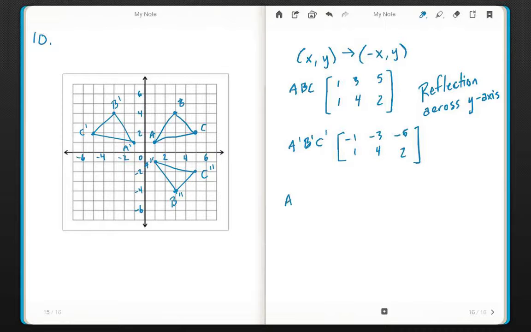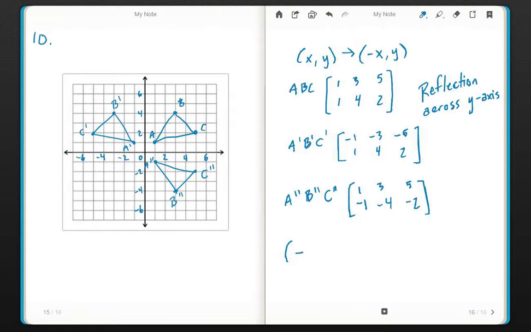If I was to make a matrix to contain the coordinates for the second one, it would look something like this: 1, negative 1, 3, negative 4, and 5, negative 2. So what's happening is we're going from having negative x's to positive x's.